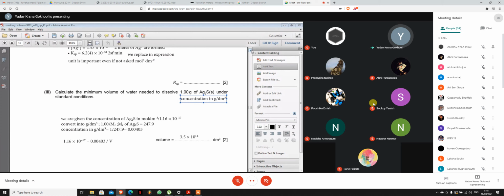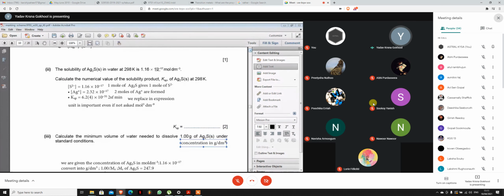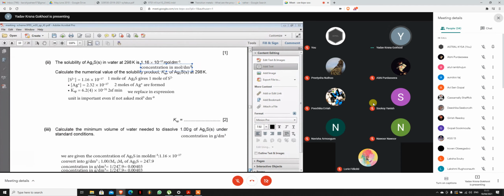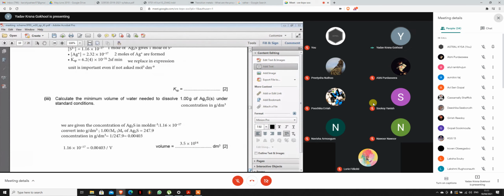But we are given the concentration in mole per dm cube. So what I have to do, I have to convert the mole per dm cube into gram per dm cube.